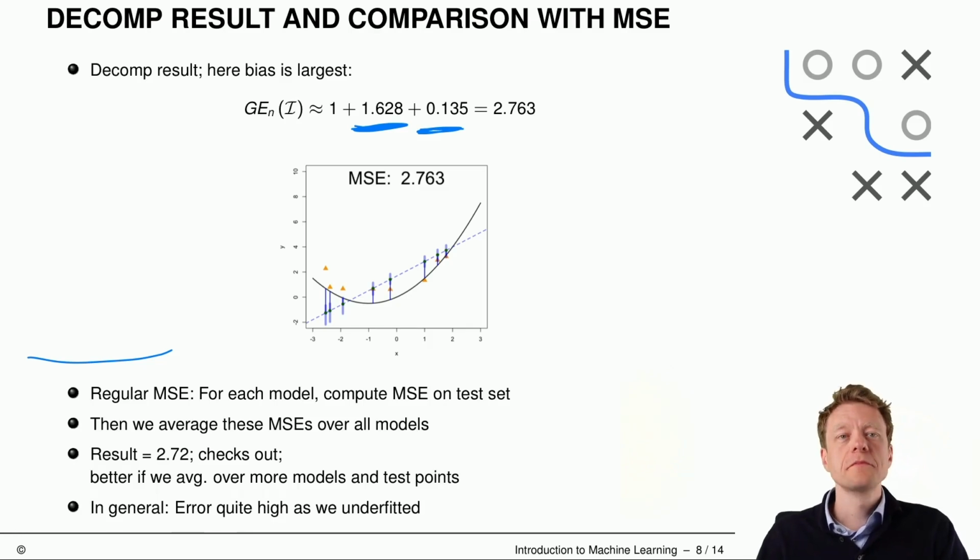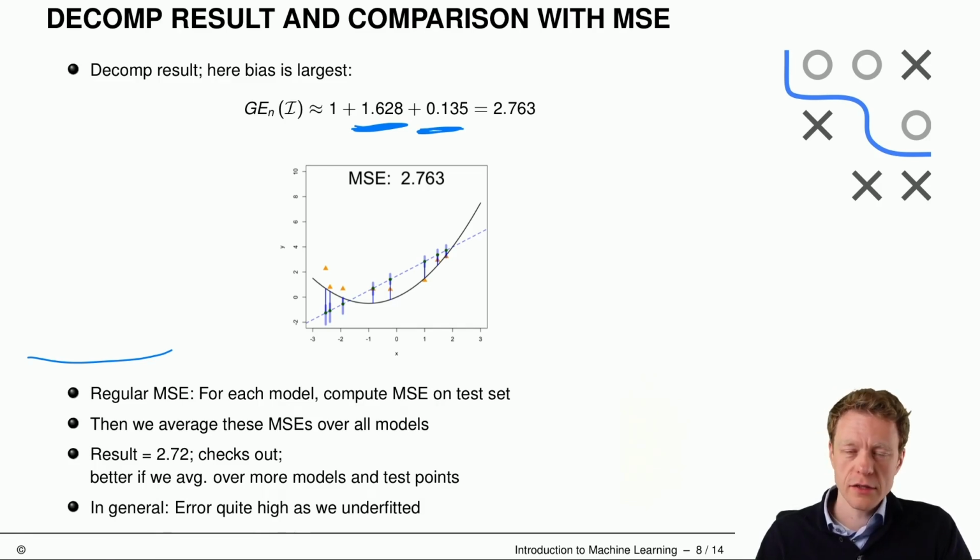Now, we can compare this computation with a different computation. We can just compute the regular mean squared error. How do we do that? We take one bootstrapped model, or one model trained on the bootstrap dataset at a time, and for each model we compute the MSE on the test dataset.